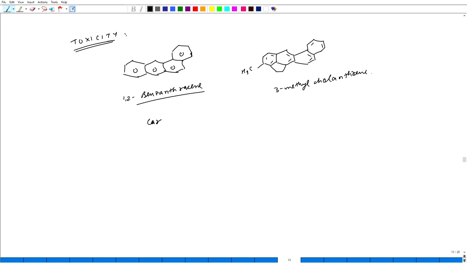These are carcinogenic in nature when more than two benzene rings are fused.